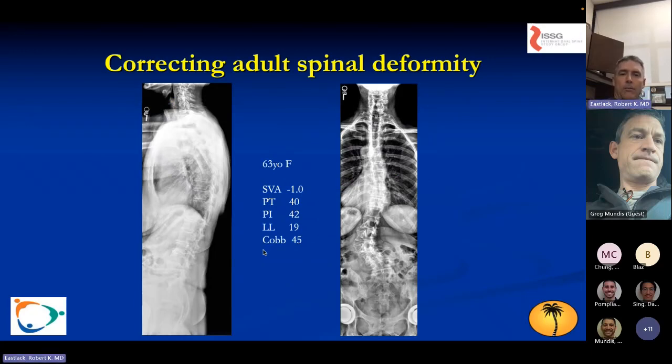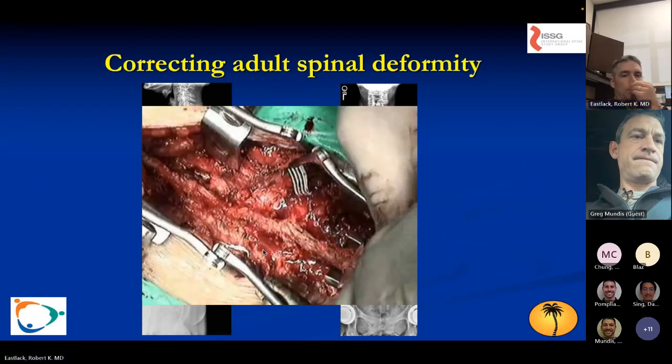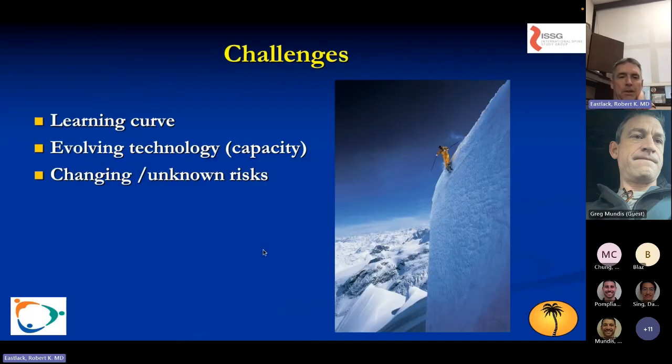So, these are the kinds of deformities that we'll see. This is how we've historically managed it, and frankly, a lot of times we still have to do this. But a decade and a half, 2 decades ago, as we started to use MIS in degenerative, there was an appropriate questioning as to whether or not we could accomplish some of these goals in deformity surgery with MIS techniques.